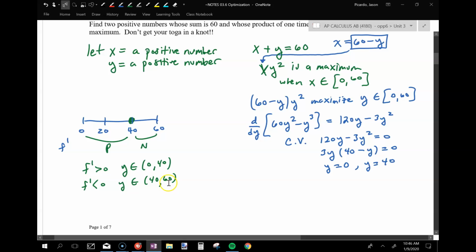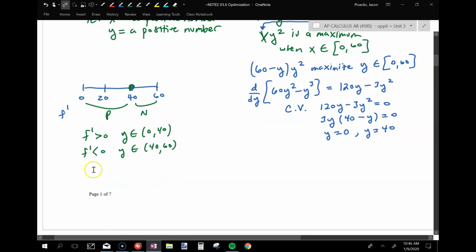So does that follow the things that we need in order for this to be a maximum value? I'm seeing heads shake yes. Why is it a maximum value? Because what was I doing in the interval prior to it? Increasing. What was I doing in the interval after it? Decreasing. So 40 must be a maximum.